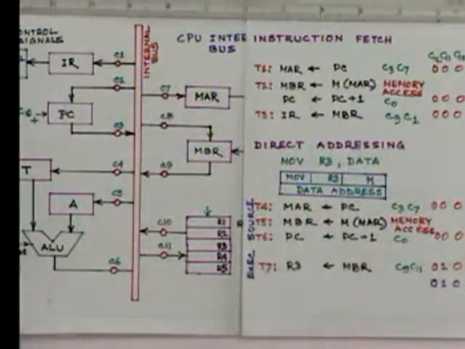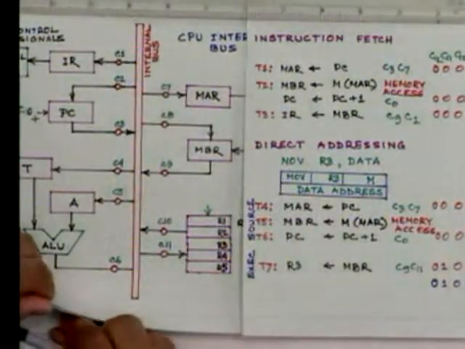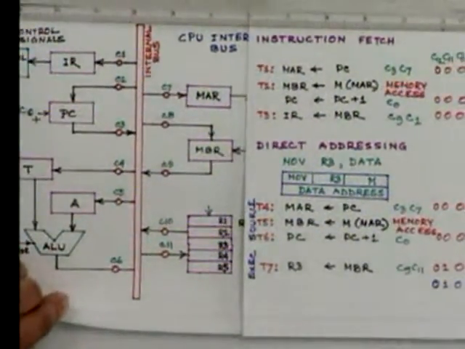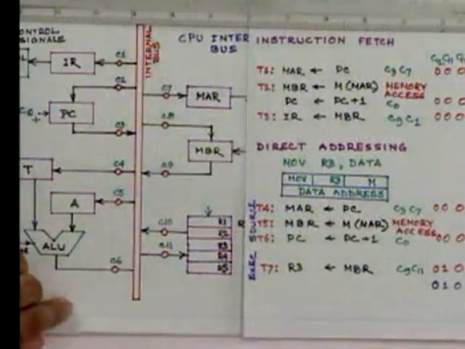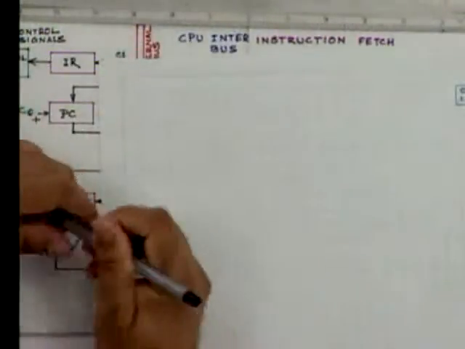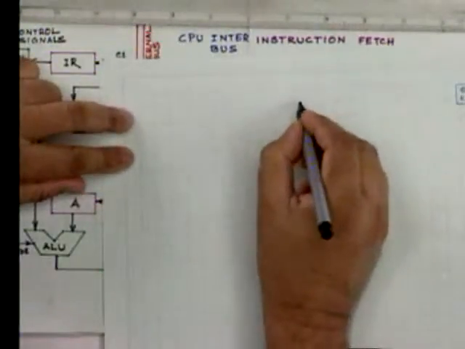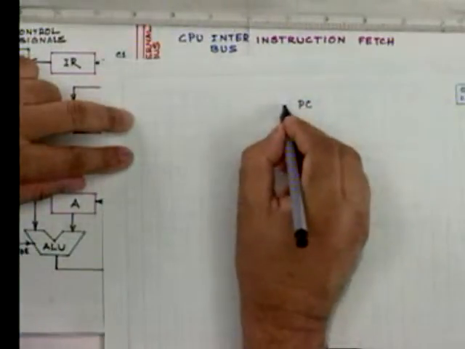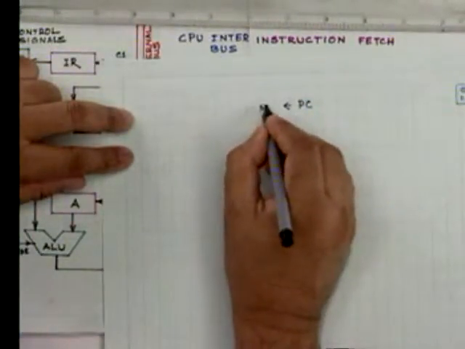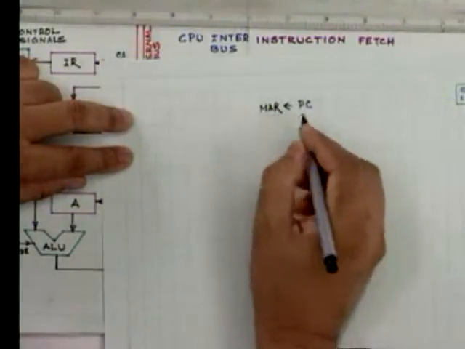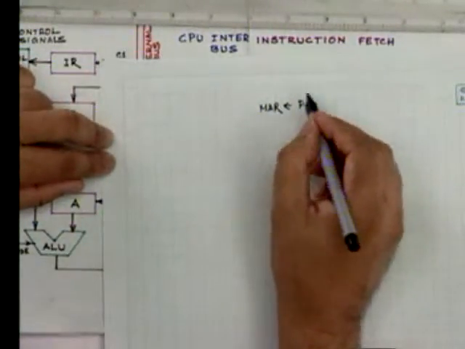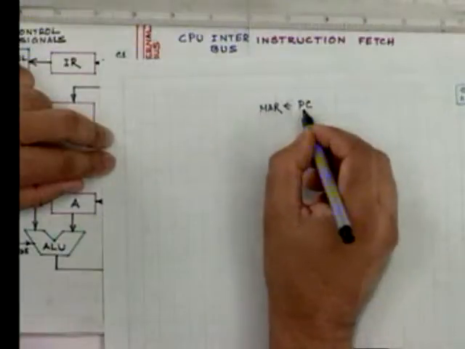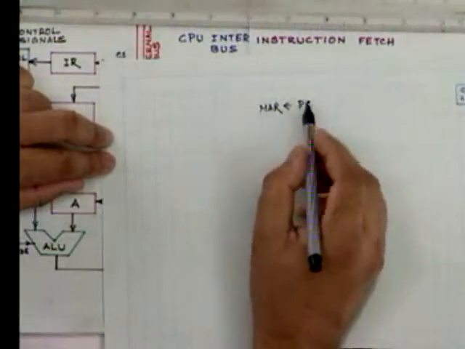Here we have used the notation that PC is going to the memory address register. The extra bracket that we used earlier while discussing the instruction set, we have gotten rid of.